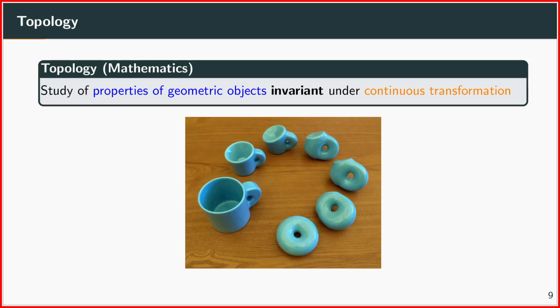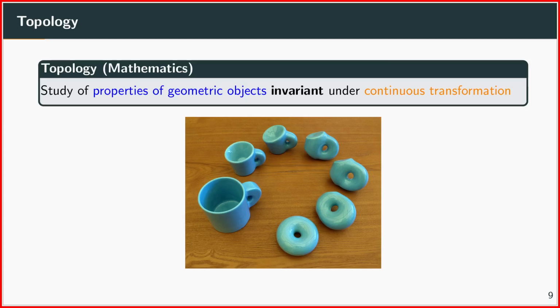And when you think about topology, there is usually this mathematical definition, which is the study of properties of geometric objects invariant under continuous transformations. Very often in introduction courses on topology, you see this picture here, which shows a donut and a coffee mug.